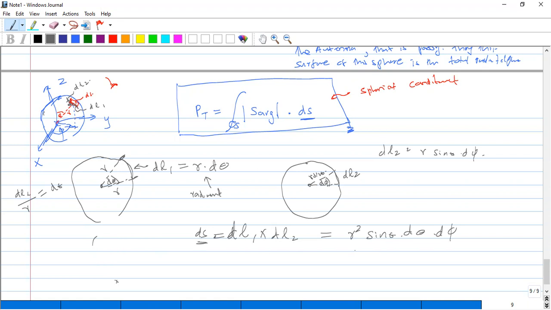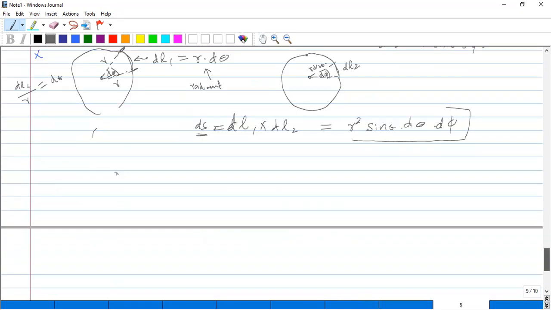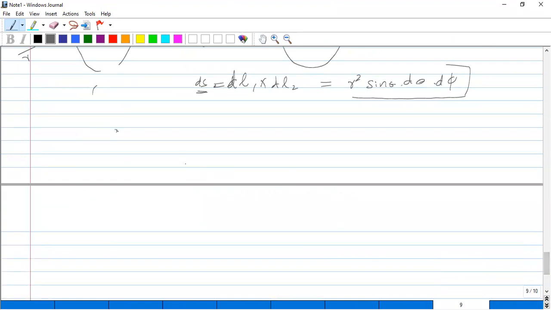Instead of ds you can put this value, so the area is the integration of the absolute value of r squared sine theta d theta d phi. You have to do the evaluation in d theta and d phi, so it is a double integral.